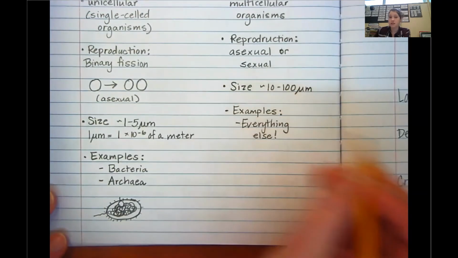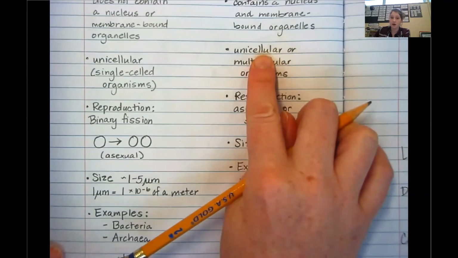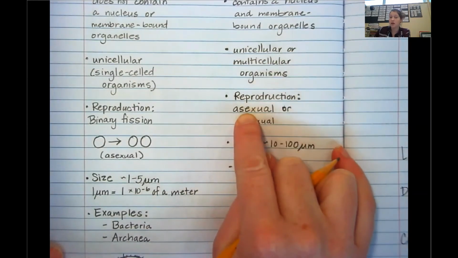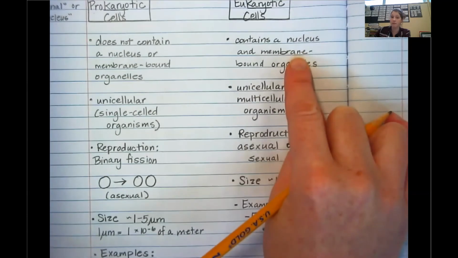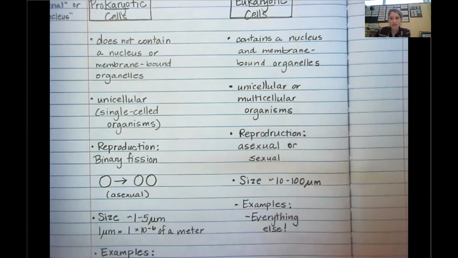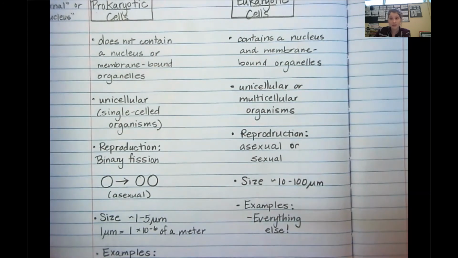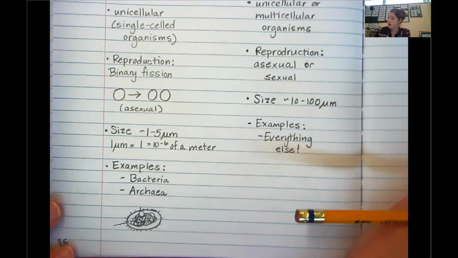There are unicellular asexually reproducing eukaryotes, like I said, but those would have a nucleus and membrane-bound organelles, such as an amoeba or a paramecium. Those are great examples.